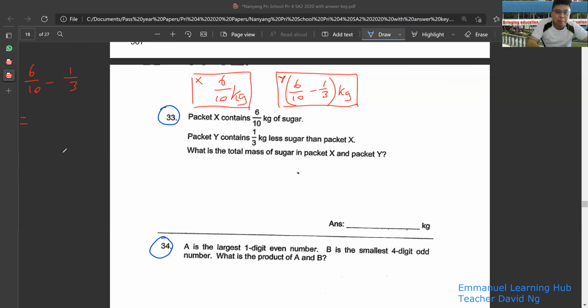Change it to the same denominator. What is the LCM of 10 and 3? Lowest common multiple of 10 and 3 is how many? I'm sure you know the answer. Come on.